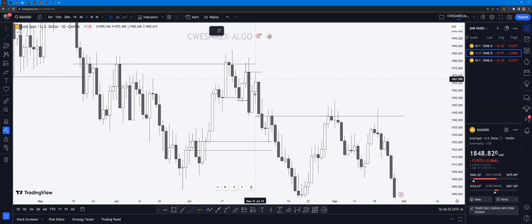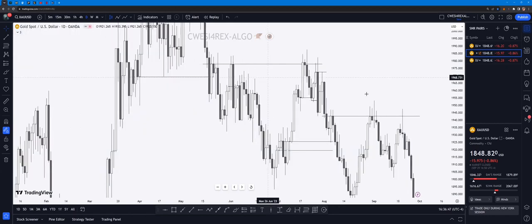And now we have this pullback mitigating this daily time frame. And one secret to entry is when all the time frames agree, right? That's where you take your entry. When the time frames agree, that's when you make an entry.